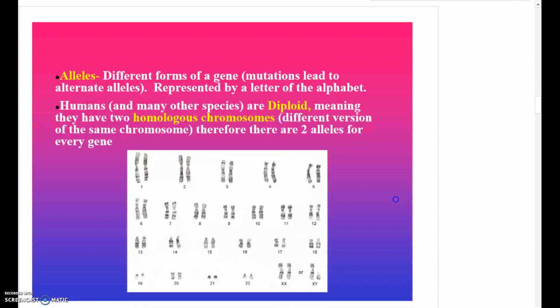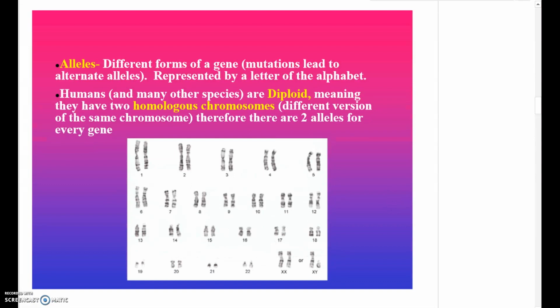Now, what Mendel discovered, and this is what people hadn't known before, is that genes come in different versions, and we now call those different versions alleles. So alleles are the different versions of a gene. And those were at one point created by mutations. They led to alternate versions of the genes that we now refer to as alleles.